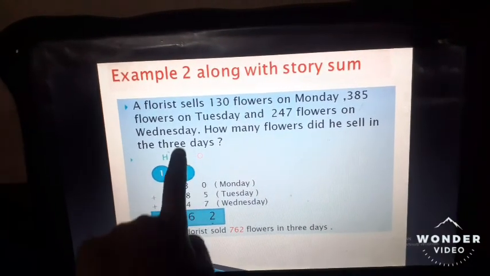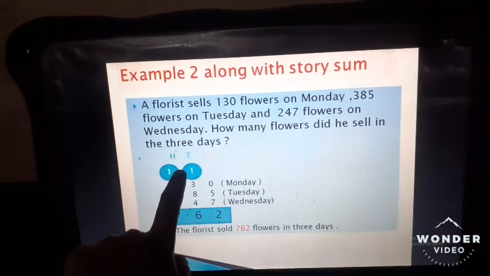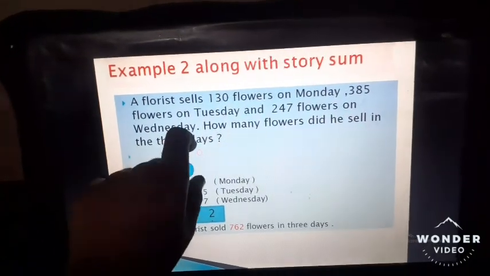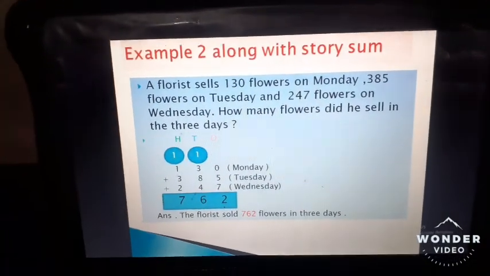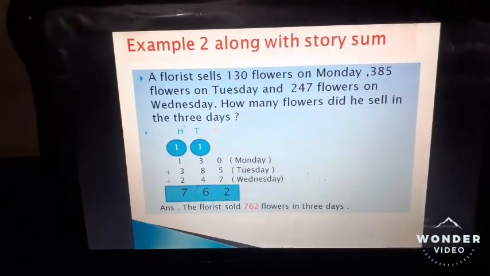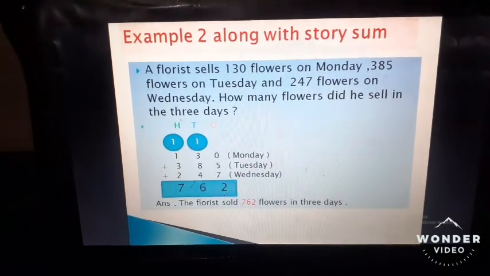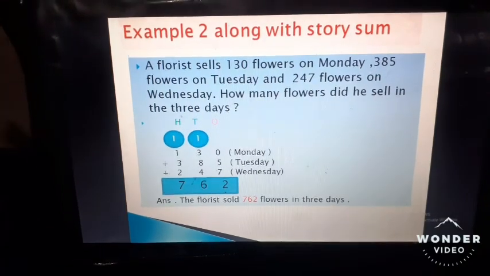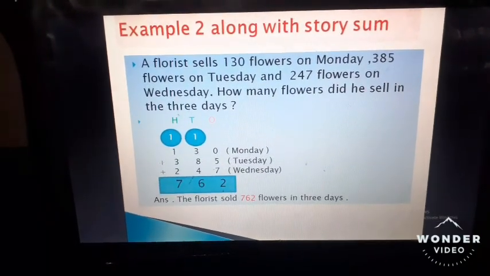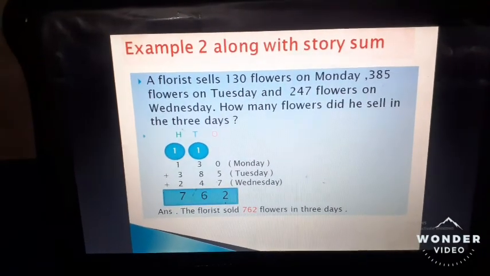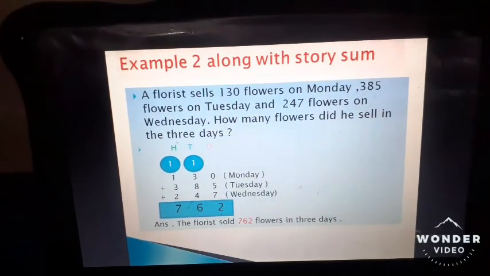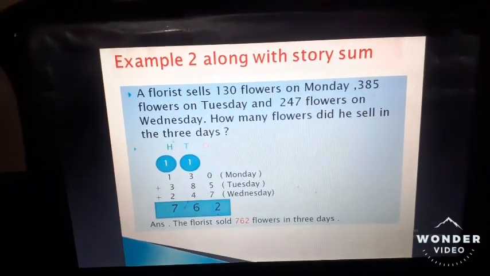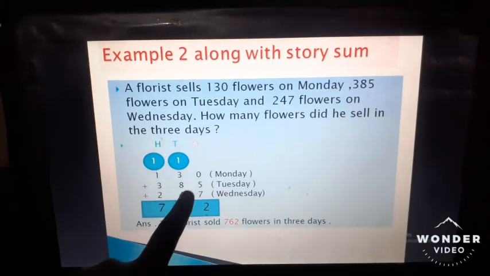Now I have to add all the tens. Students, 1 plus 3. First I will add 2 numbers. 1 plus 3, 1 will be in my head and 3 on my fingers. So students, 1 plus 3. After 1 I will count 3 on fingers, that is 2, 3, 4. 1 plus 3 is 4.